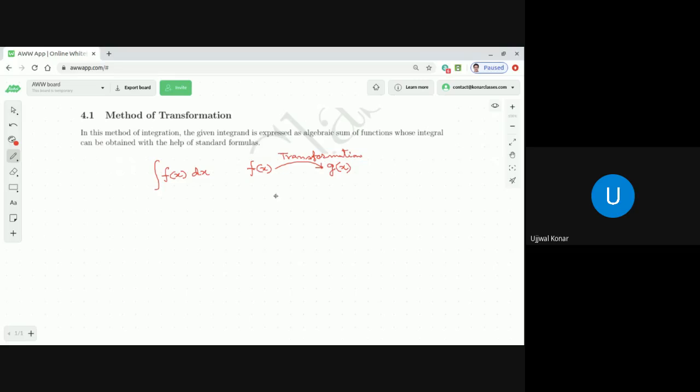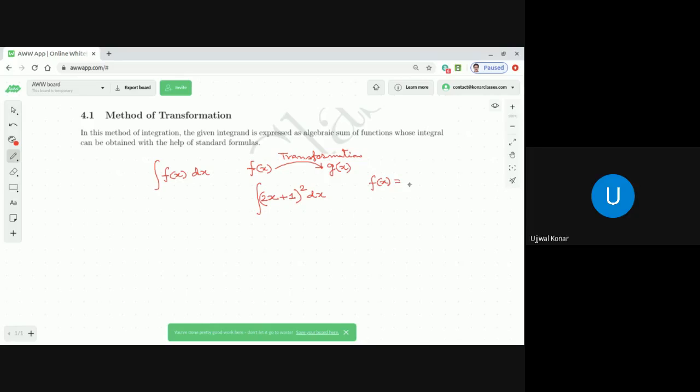Suppose I ask, what is the integration of (2x plus 1) whole square dx? So here in our case, what is f(x)? f(x) is (2x plus 1) whole square, correct or not?